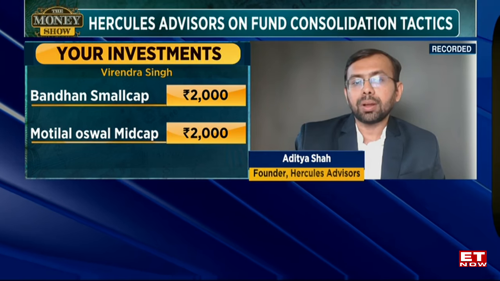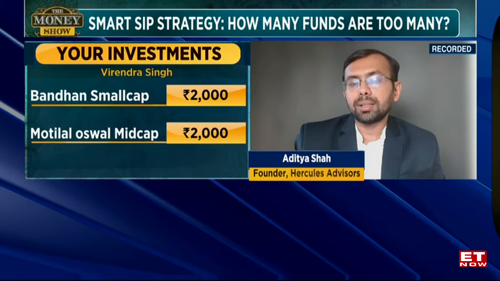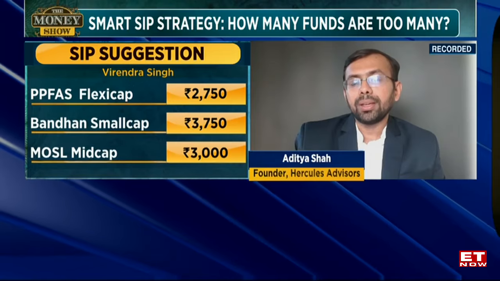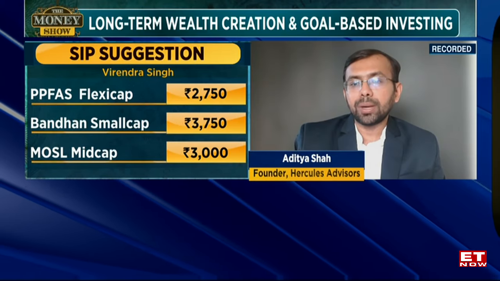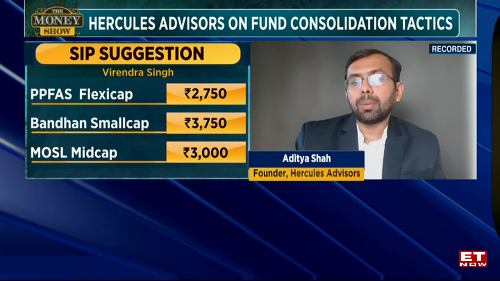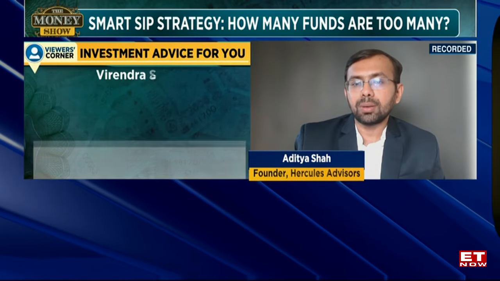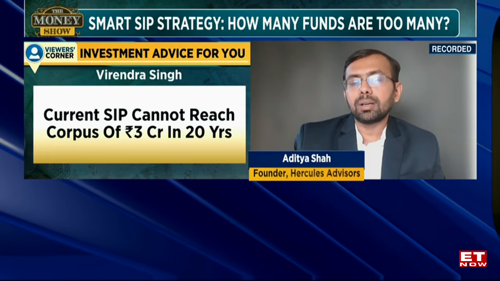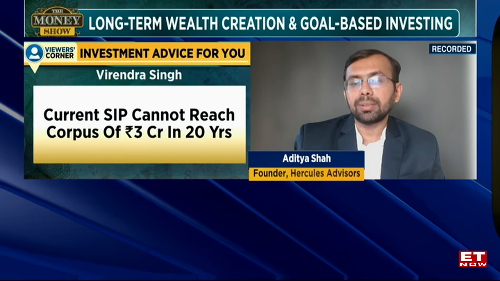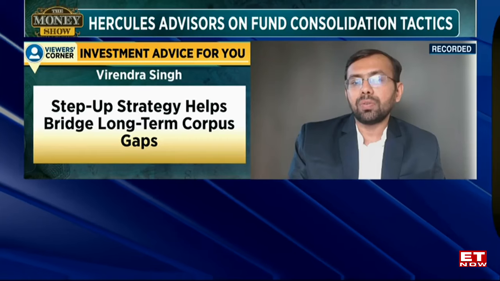If it is possible to elongate the time period to about 25 to 28 years, then he can make it at a return of about 12%. The other way around is to increase the SIP amount. If the SIP amount can be increased to 20,000 per month, then he can reach his goal. To double the SIP in the shorter term is really very difficult for anybody, let alone this investor. So as the investor was doing, he can step up the SIP by about 10%, or increase the amount that he is investing every 3 to 5 years to double that out, so that he can reach the goal.